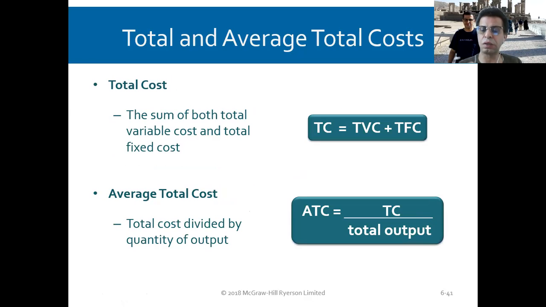And your variable cost is probably the flour that you bring in, and how many kilos of flour and how many liters of oil. But the average total cost, as we said, is the total cost that you have divided by the output. And you know, the total cost is made of fixed costs and variable costs.